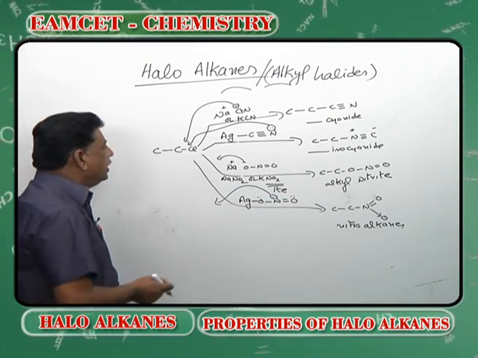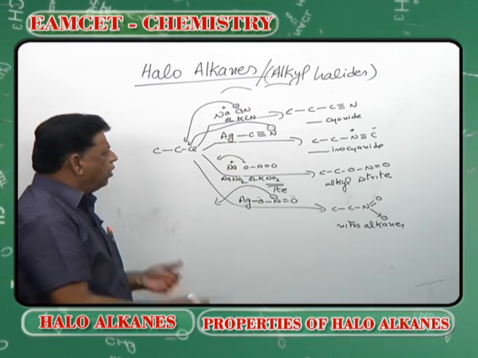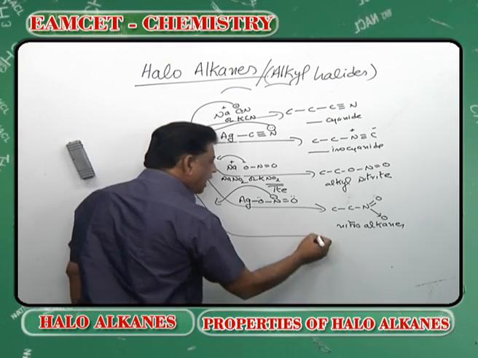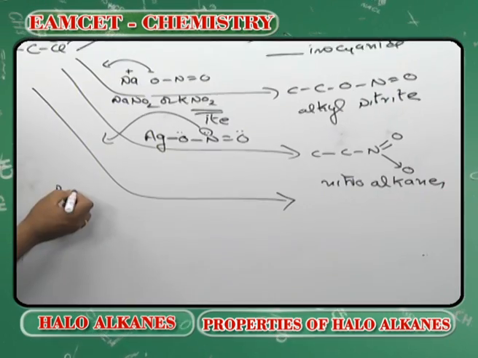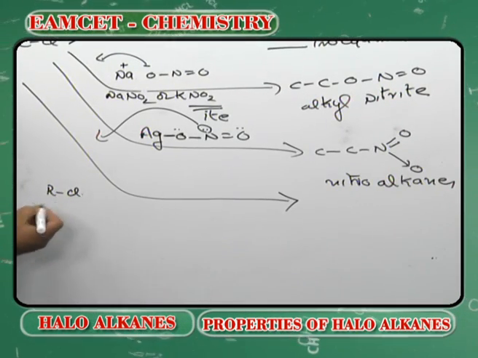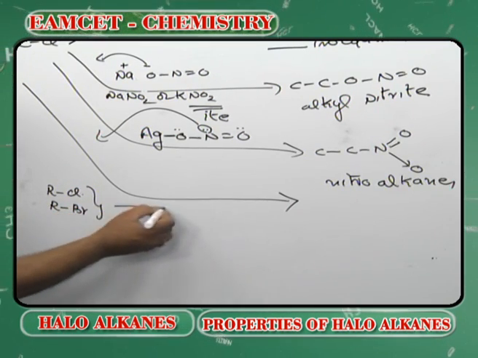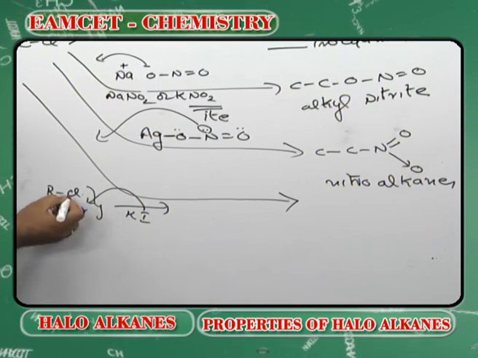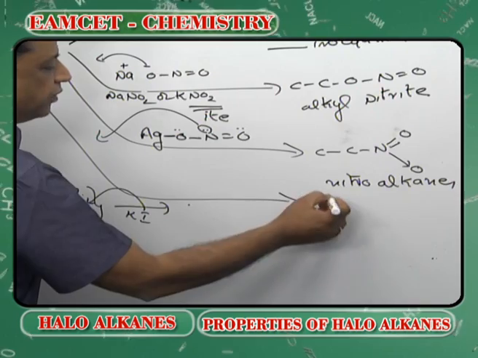Like that, we have a huge number of anions, a list of big anions, and all these anions will attack, including some of the halogens also. For example, if you take alkyl iodides, alkyl chlorides or alkyl bromides and use potassium iodide, the I minus will replace this halogen and you will get alkyl iodides, isn't it?